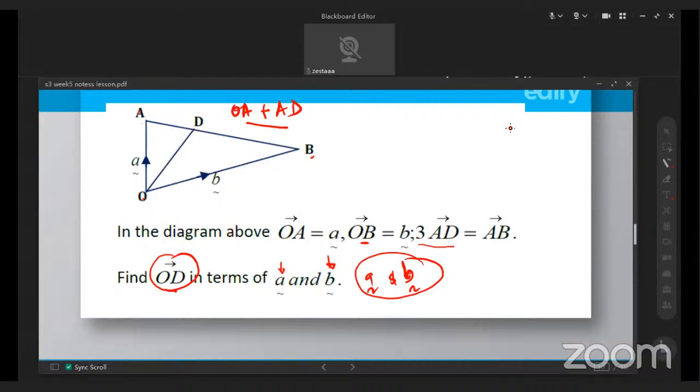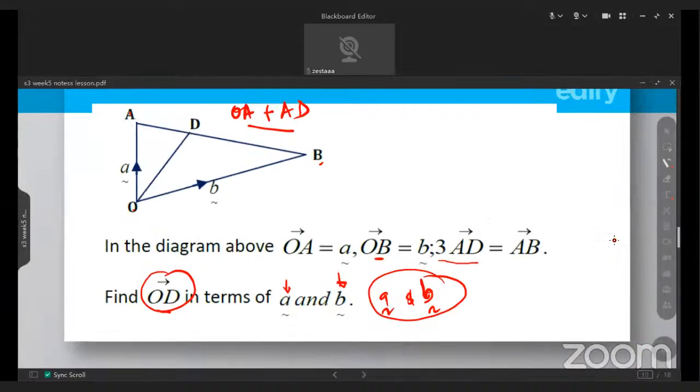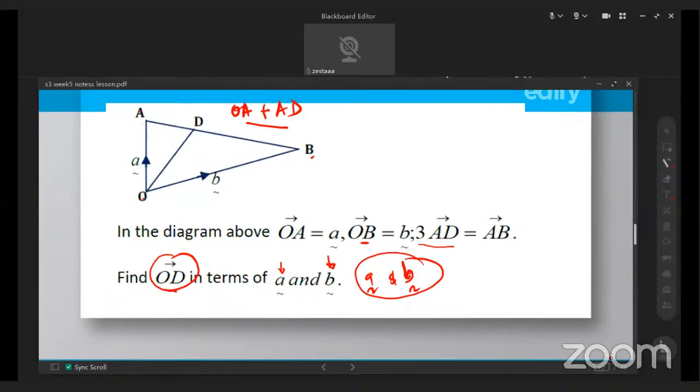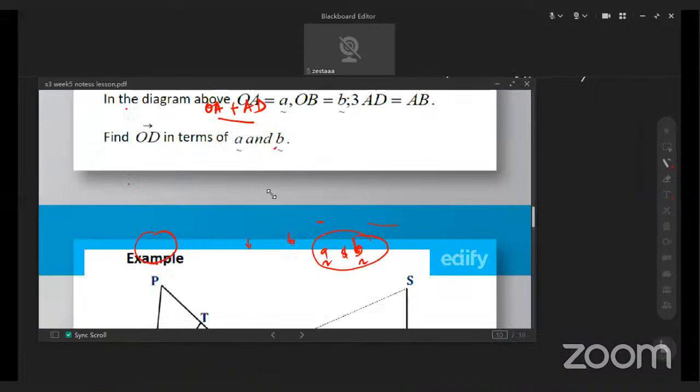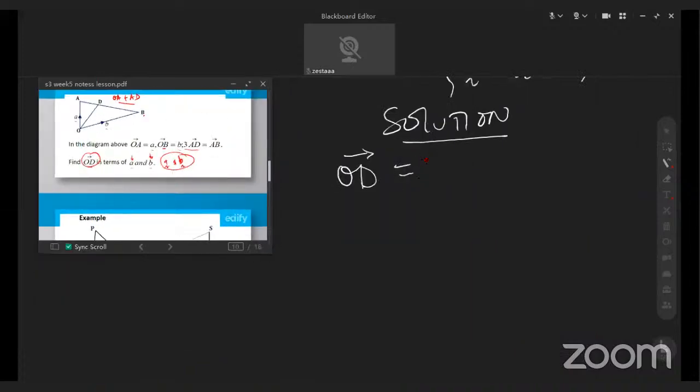So here we are saying that our vector OD, let me try to write this, is equal to vector OA plus AD.